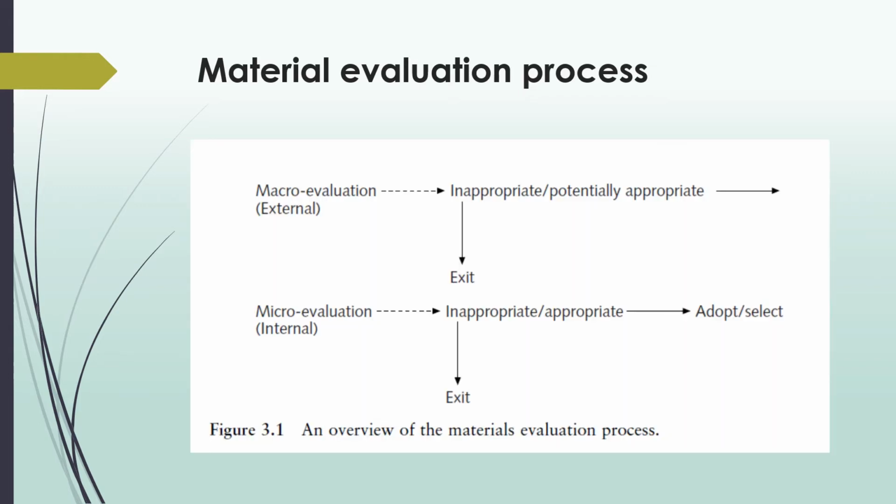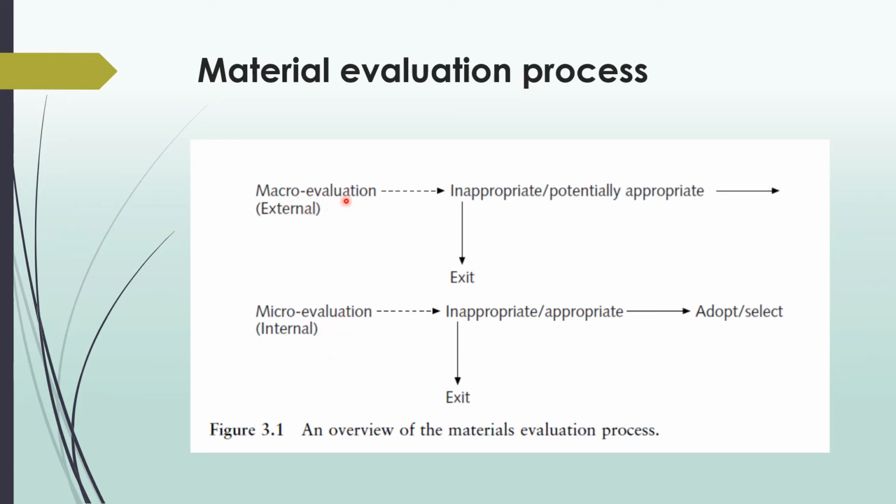And here is the model or diagram of the process of material evaluation. First, we can see macro evaluation and micro evaluation, and we consider external as macro evaluation and internal as micro evaluation.